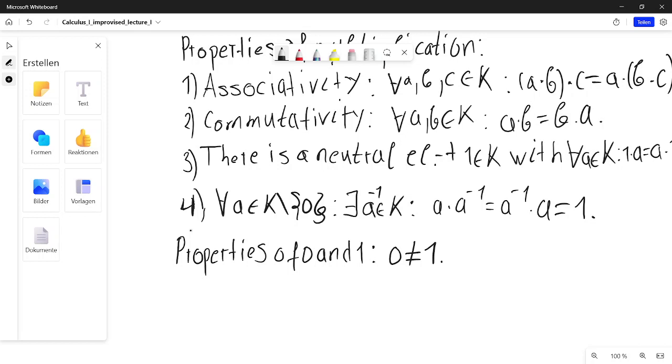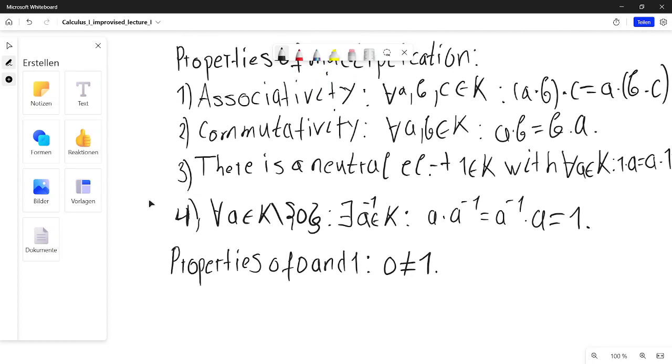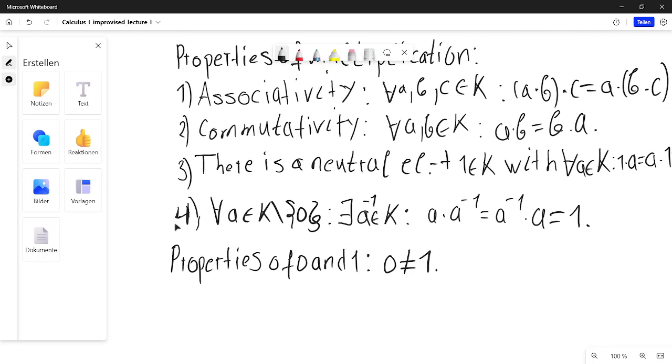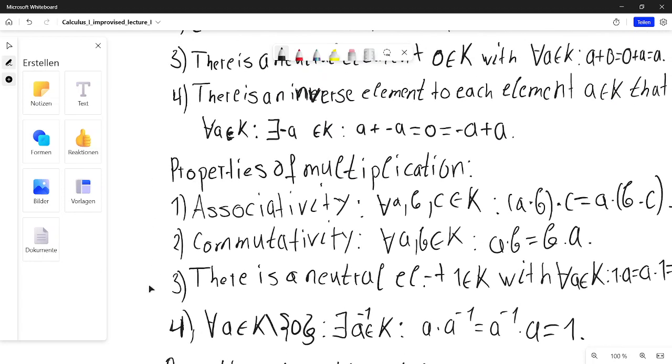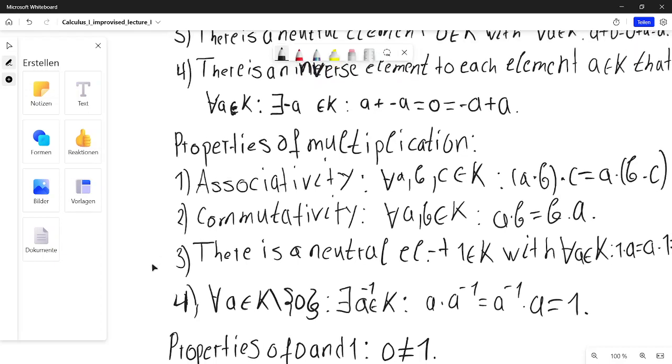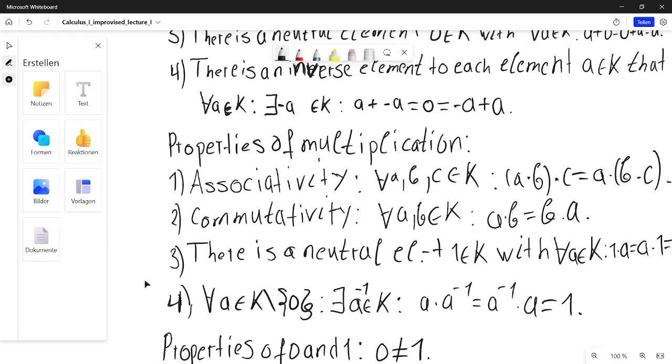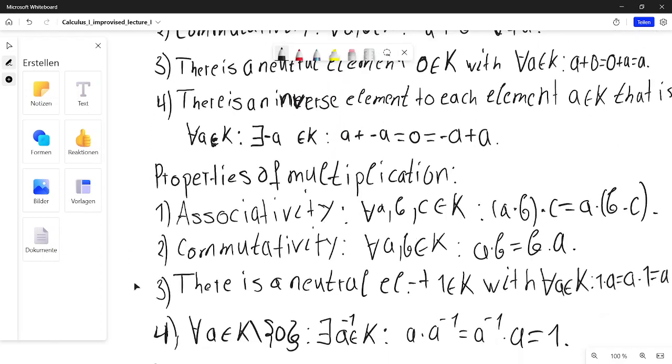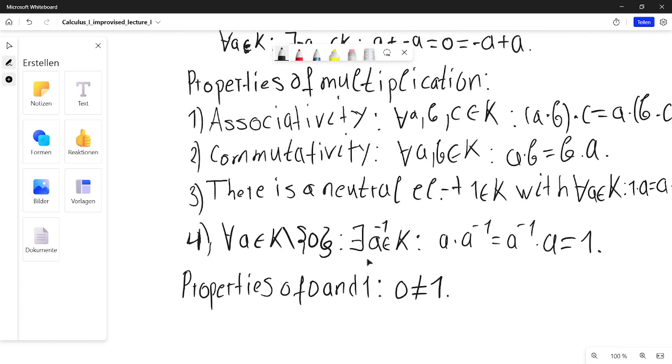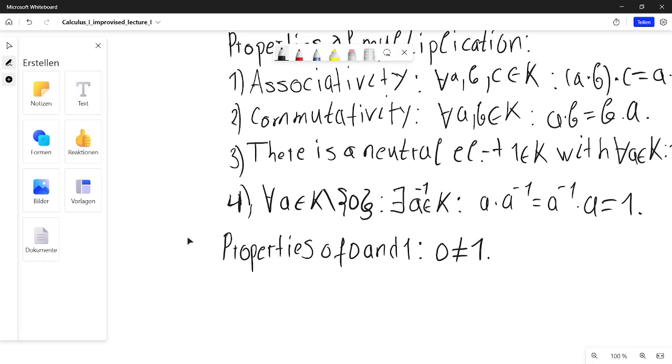A superfluous axiom is an axiom that can be derived from other already defined stuff in the definition or in an axiom. So I don't need to include it in the definition if it follows from the constituents of the definition. And I'm pretty sure that it follows now, because if we have those two operations defined and we define that there exists an inverse, but there's no inverse of z for 0, that actually follows.